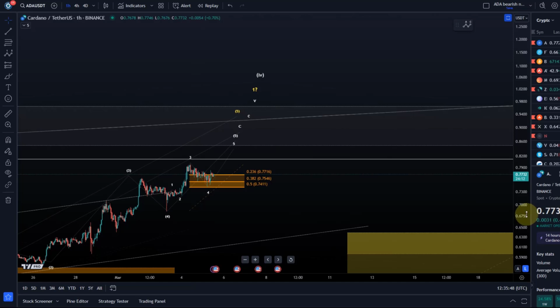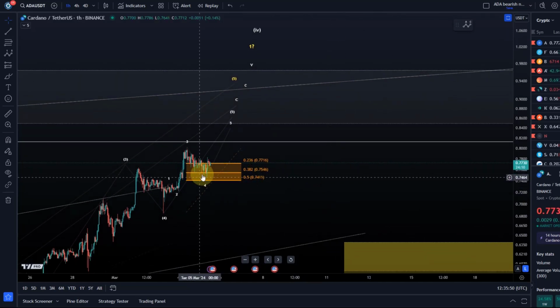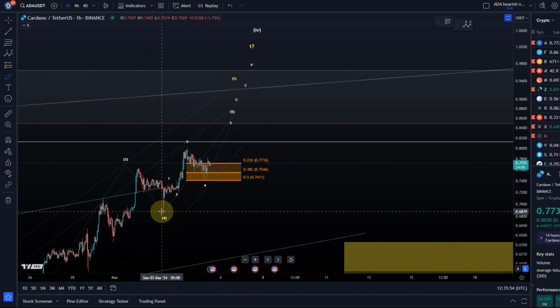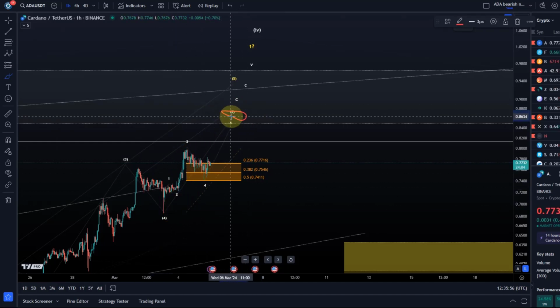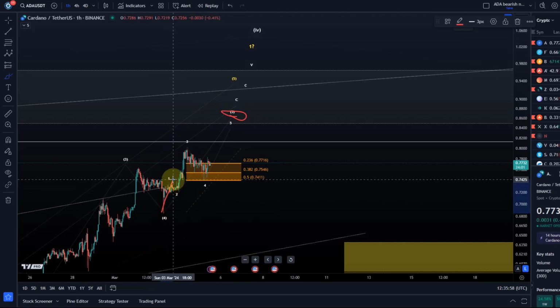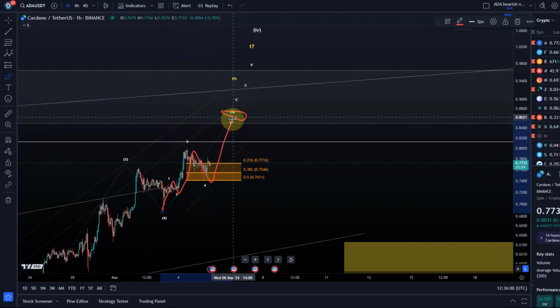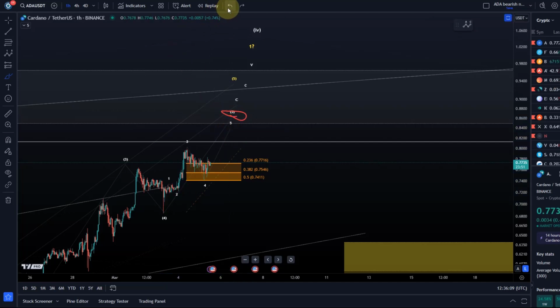The price reached it. The reaction to it was not very convincing yet, and it's a very deep wave 4. So the idea was, maybe wave 5 is unfolding, and this could be a 1, 2, 3, 4, 5. Wave 4 again very deep, but as long as we are moving up from here, it could still give us that wave 5 of 5.